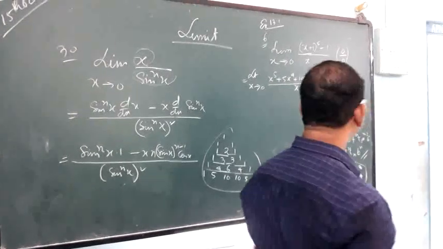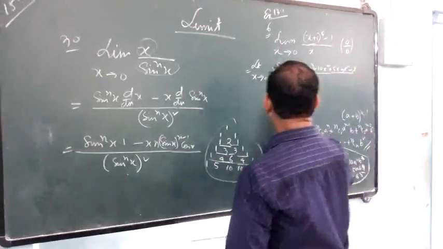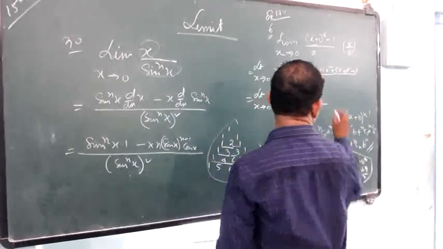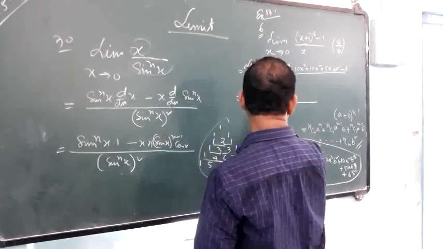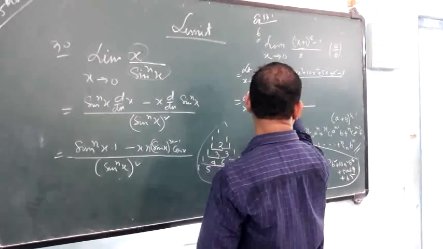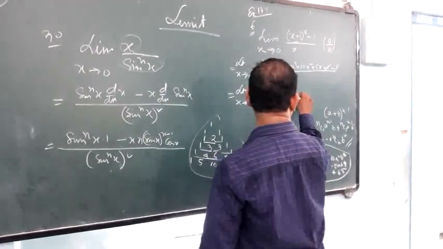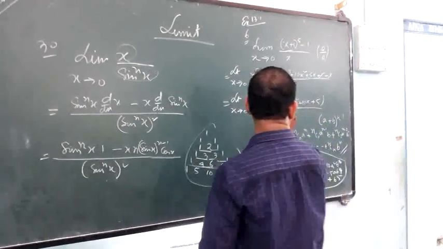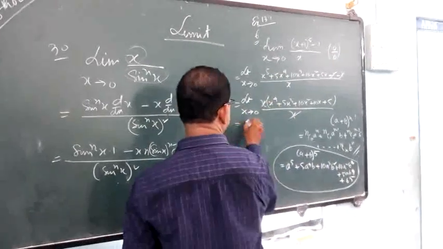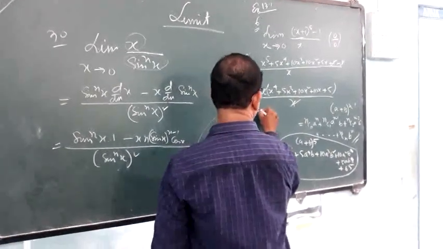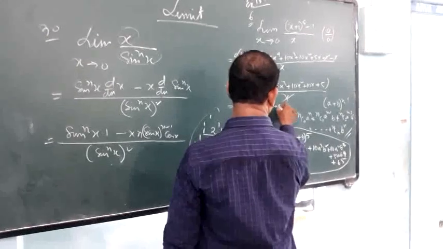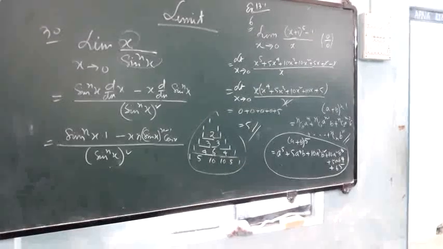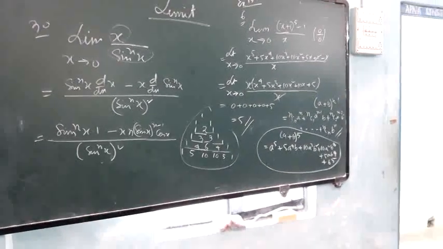Clear? Now we can take x common. After cancellation of x and putting the value 0, the answer here is 5. Now all of you have seen that, is it?